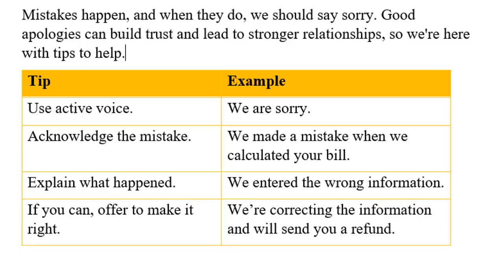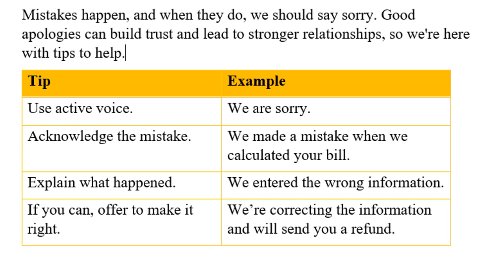So, number 3 is learning to say you're sorry. Companies, people, we're all human, and we make mistakes. And we need to learn how to say sorry. A good apology will build trust and lead to stronger relationships.